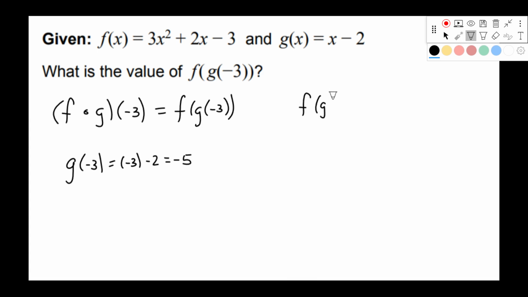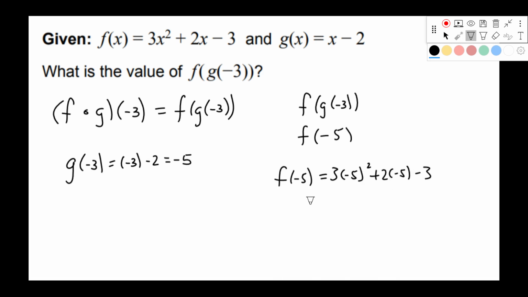So to calculate f of g of negative 3, I now need f of negative 5, since g of negative 3 is negative 5. Now we're going to go to f of x and put negative 5 in. That's 3 times negative 5 squared plus 2 times negative 5 minus 3. Don't forget your parentheses.